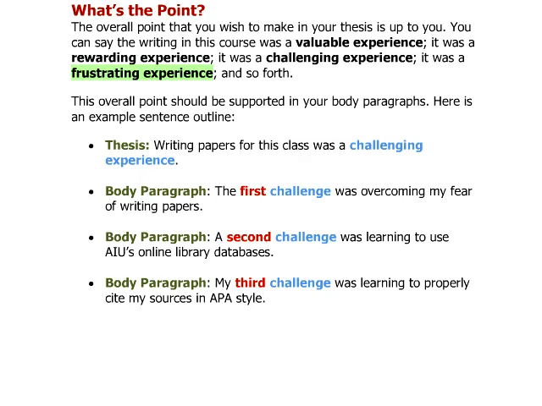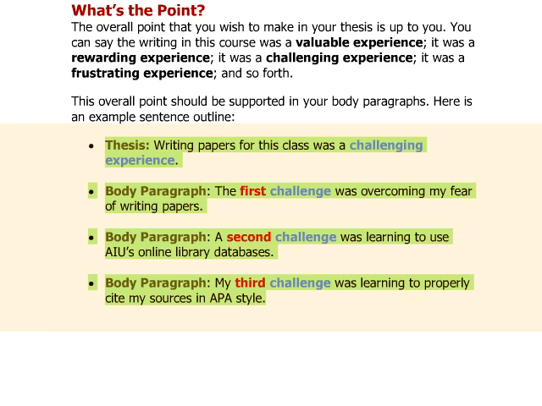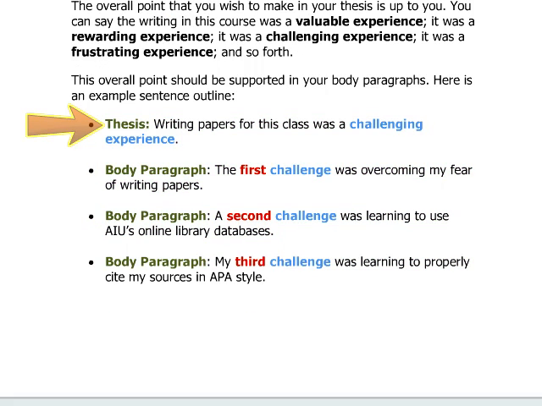All that I ask, of course, is that you have an outline that looks like this, a thesis with 3 main points. As always, you're welcome to email that outline to me for my feedback and approval. Your thesis must express your personal opinion on the topic. The topic was writing papers for this class, and you combine that with your opinion, a challenging experience, and you have your thesis.